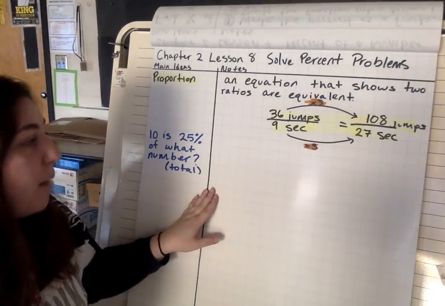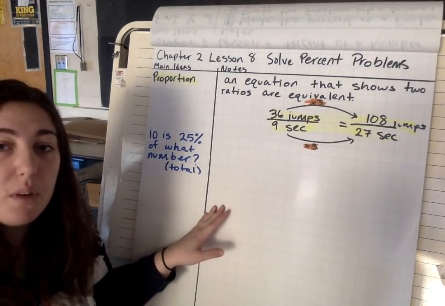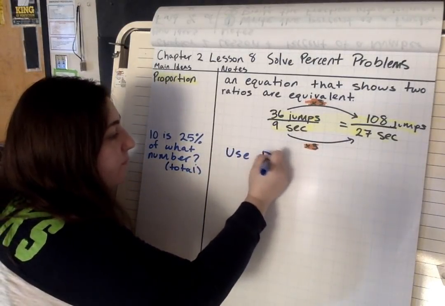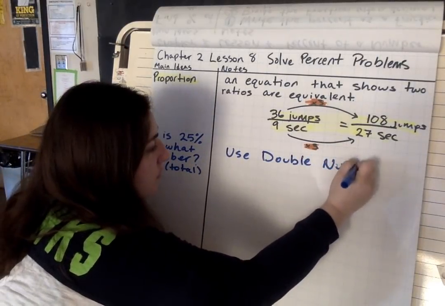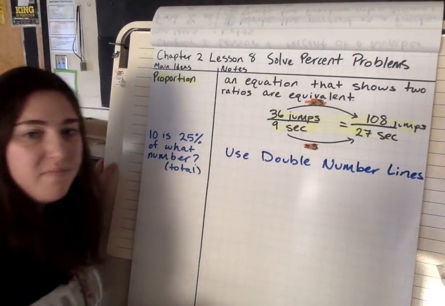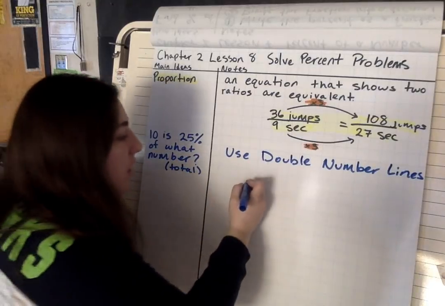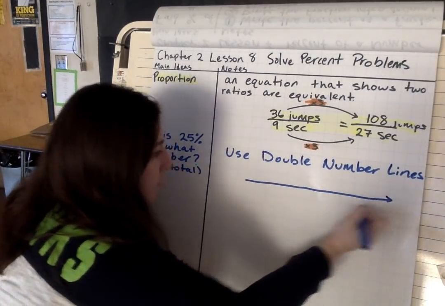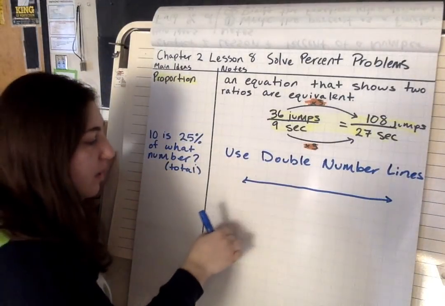And to solve this problem, our first strategy is going to be to use double number lines. Okay, so first we're just going to make our first number line. And of course we're going to make our second number line.